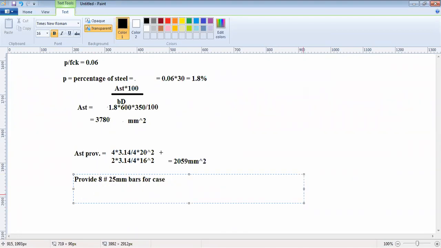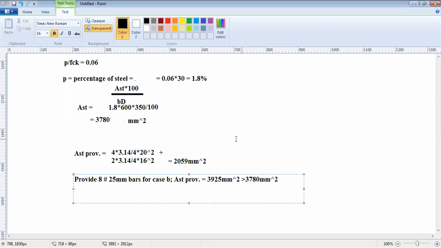That's case B here, in which you have a moment of 125 kilonewton meter. Then the overall Ast provided is 3925 mm square, which is greater than what you require now, 3780 mm square.